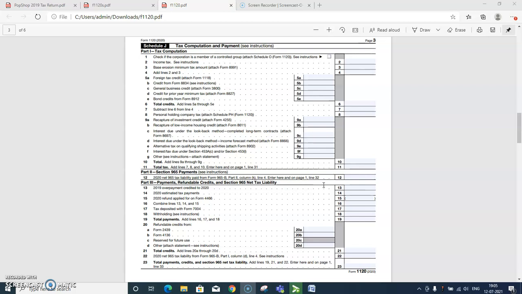Now coming to part 3, payment, refundable credit and section 965 net tax liability. Line 13, 2019 overpayment credited to 2020. Line 14, enter any estimated tax payments the corporation made for the tax year. Beneficiaries of trust.